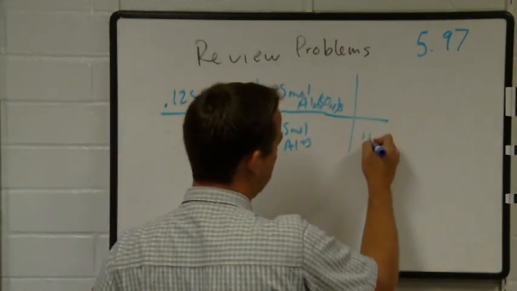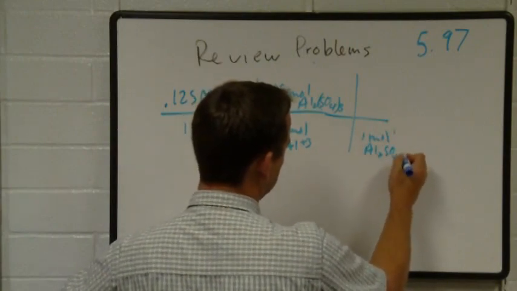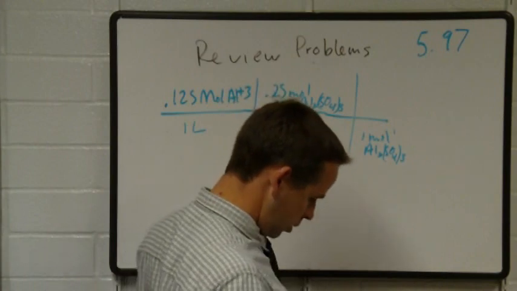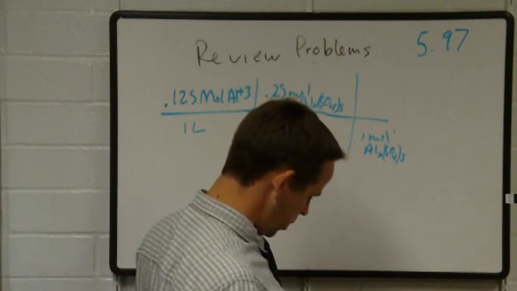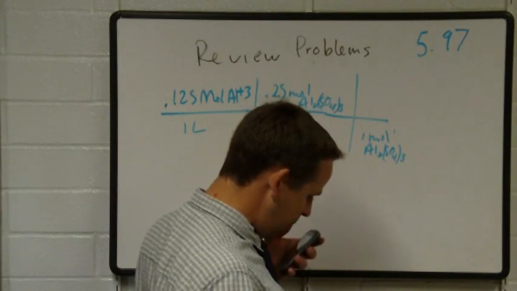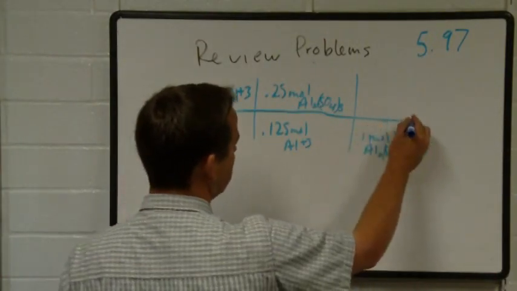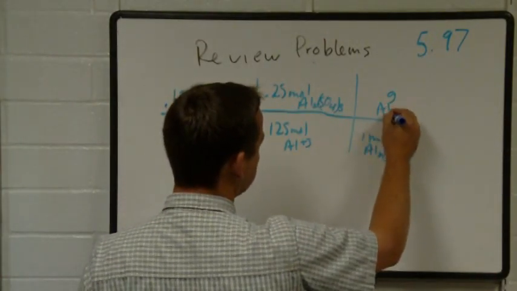And for every 1 mole of aluminum sulfate, Al2(SO4)3, here we need to identify the molar mass of aluminum sulfate. So this is going to be how many grams of aluminum sulfate.